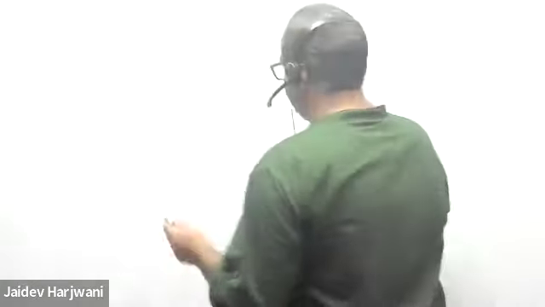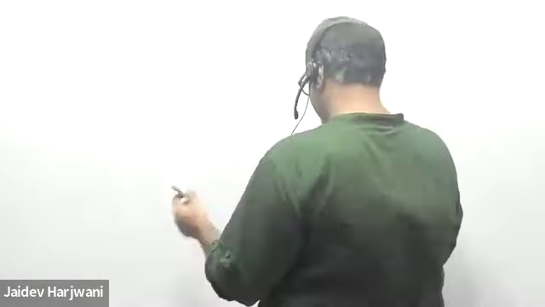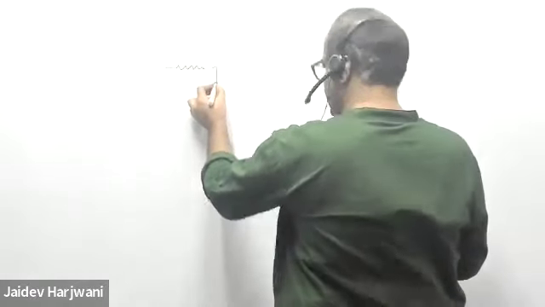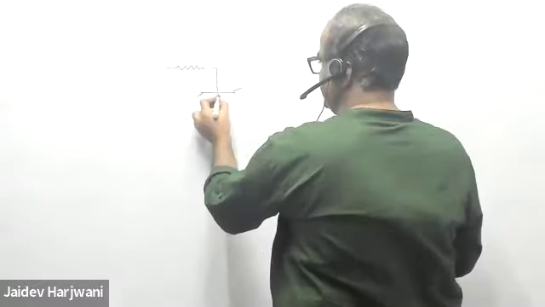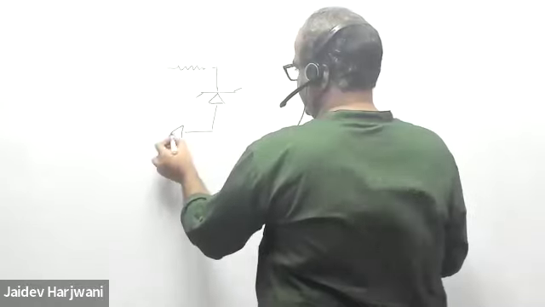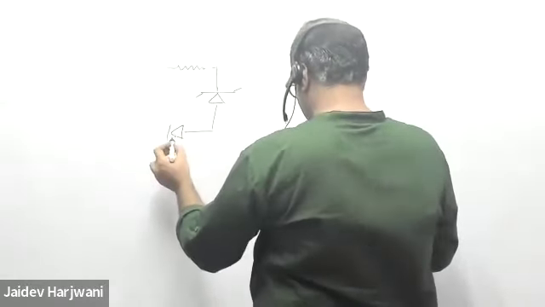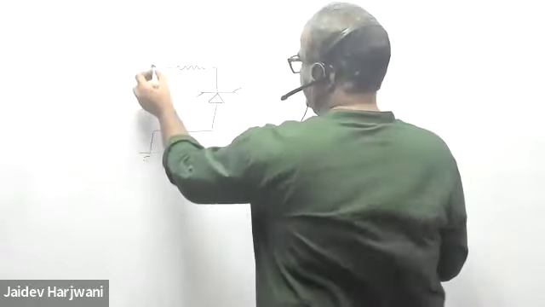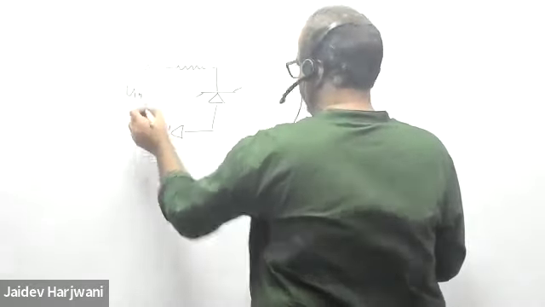They have given you a V input. So this is R, Zener diode, and you have a normal diode here, and this is grounded, and with respect to the ground you're applying V input here.